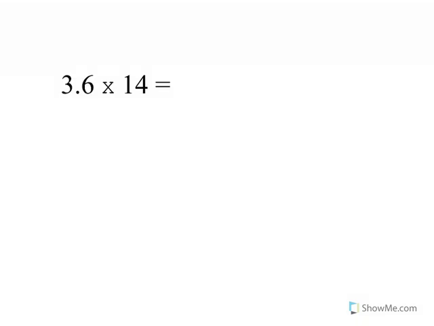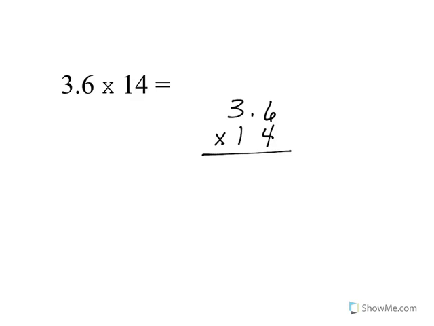Let's take a look at our next problem. Here I have 3 and 6 tenths times 14. So I'm going to put my 3 and 6 tenths times 14, lining up my digits.